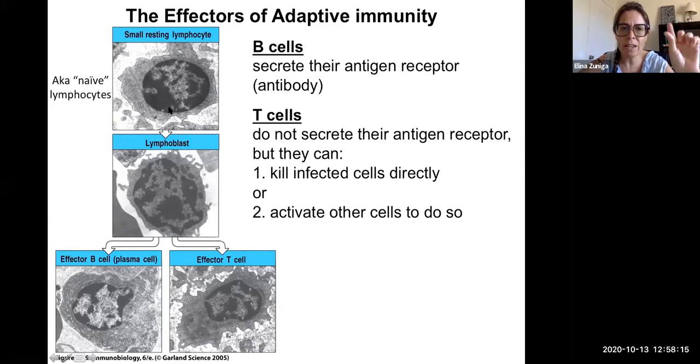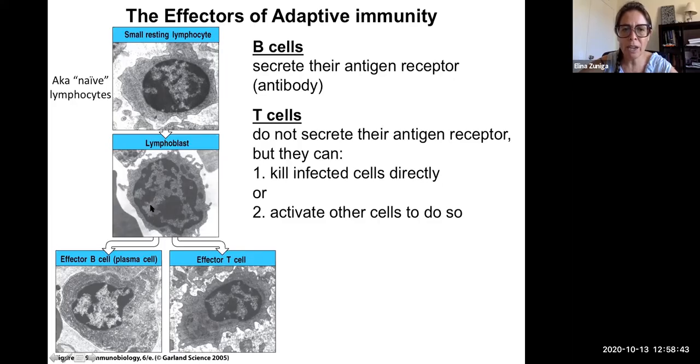When their receptor, in the B cell or in the T cell, is engaged by the ligand that can be potentially present in a pathogen, it will become activated and it will increase in size. This engagement of the receptors will induce an intracellular signaling that starts making these blast cells, and induce the entry in the cell cycle.